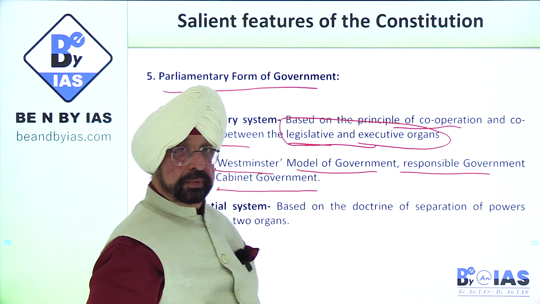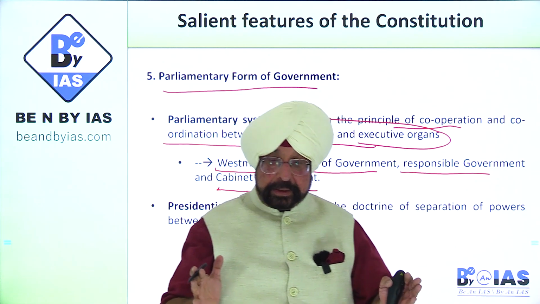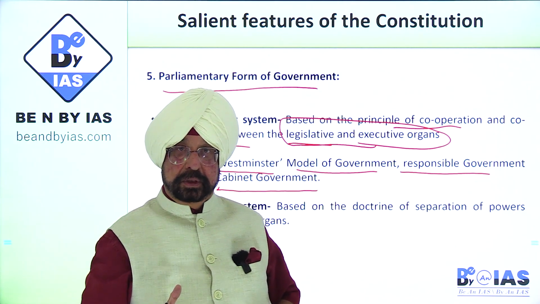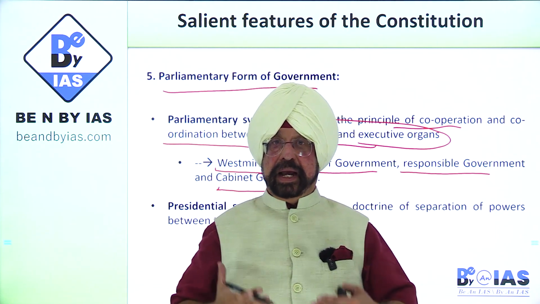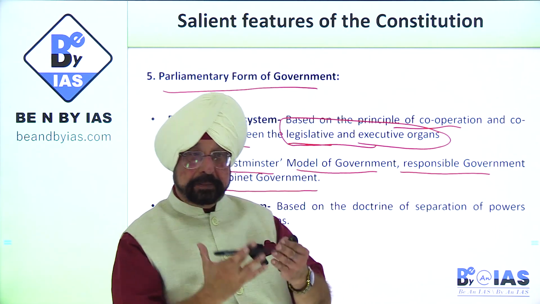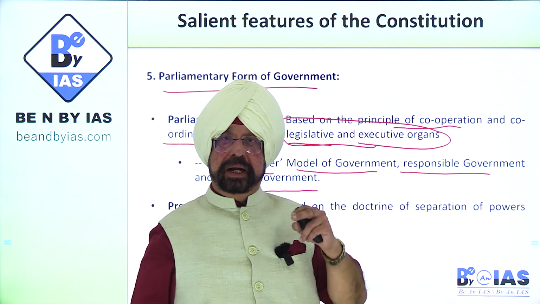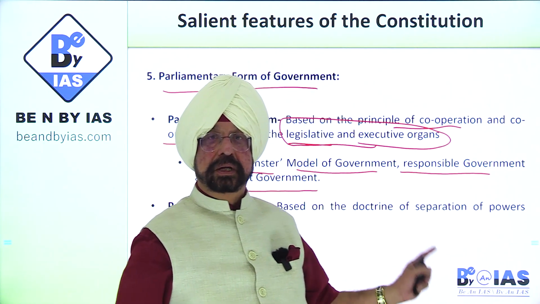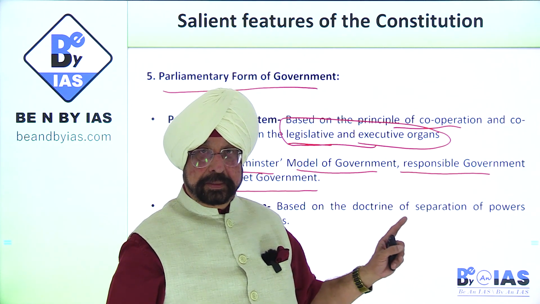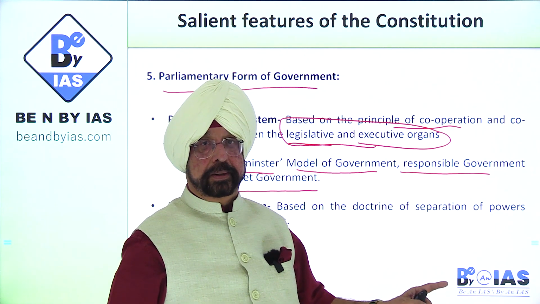That means we have a cabinet and a council of ministers who are actually conducting the executive function. And they are responsible to whom? They are responsible to the parliament, more particularly to the Lok Sabha.